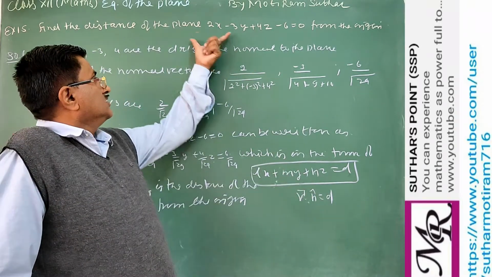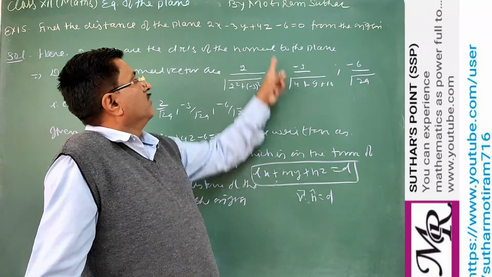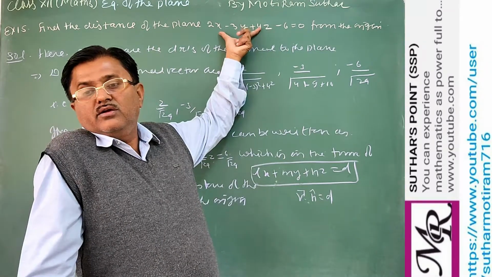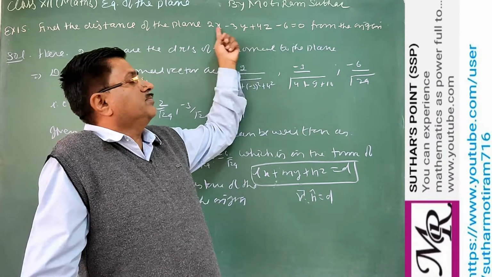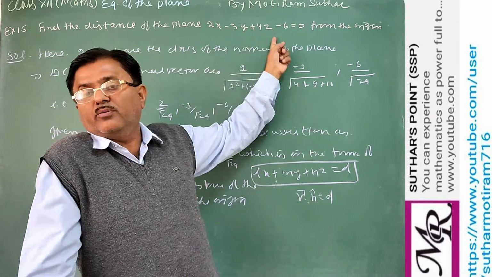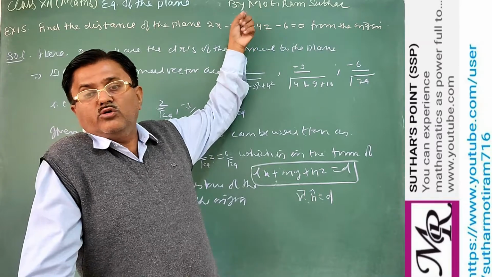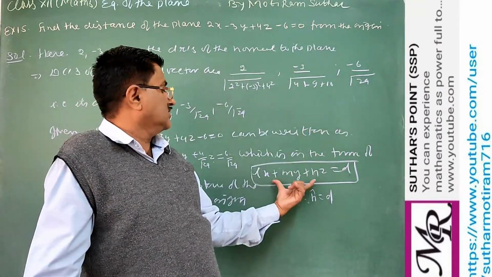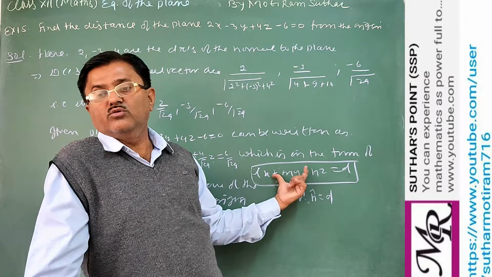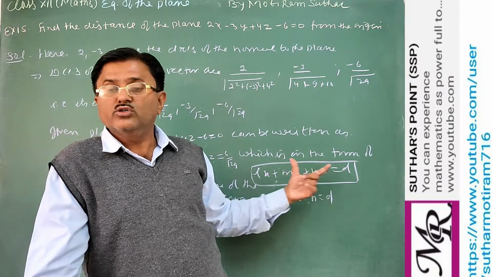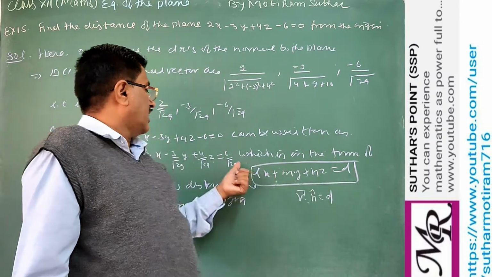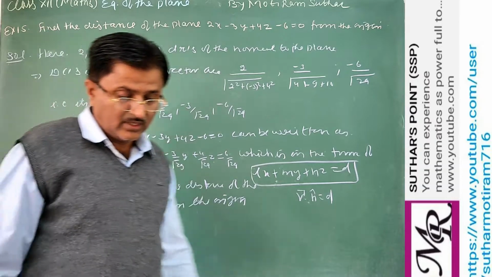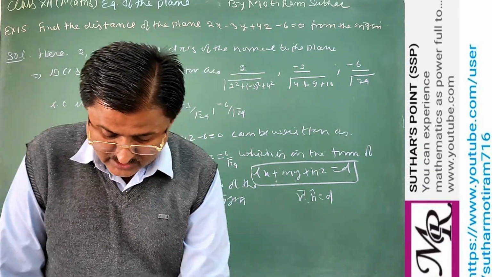This equation is not in this form. How can you say? Because this is not a unit vector: if you take the magnitude of the coefficients 2, 3, 4, it is not 1. So you have to convert it to the unit normal vector, whose direction cosines are l, m, n. Whatever is on the right side will be the distance from the origin. Clear? Now, the next example.